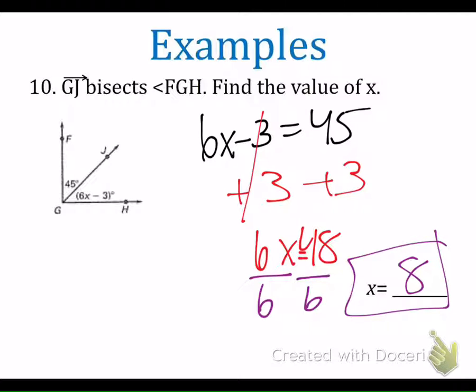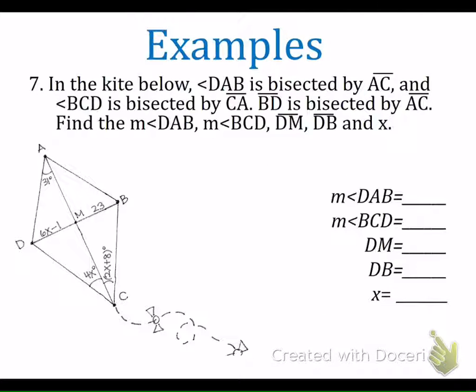All right, I don't know why, but we just did 1 through 10, and now we magically go to number 7, okay? So, in the kite below, angle DAB, I'm just going to trace it while I'm looking. Angle DAB, so all the way over, is bisected by AC.